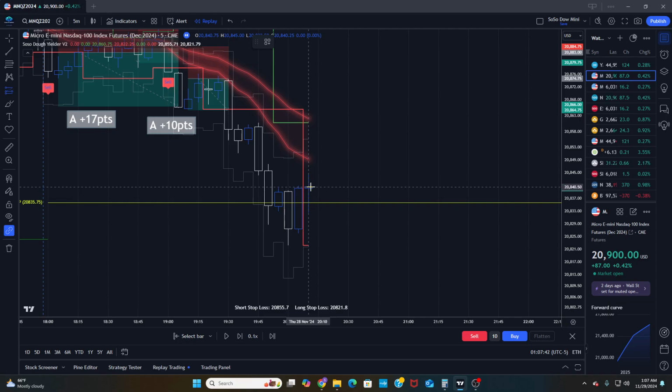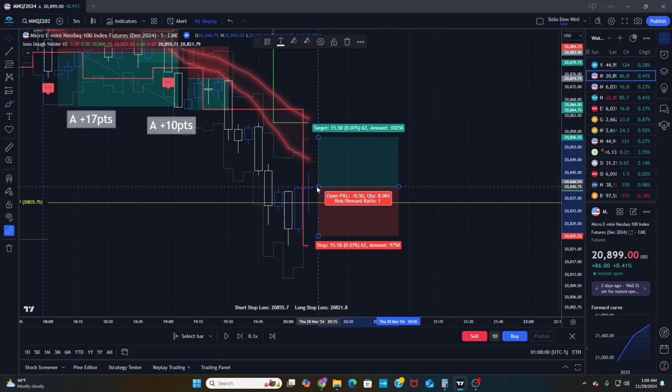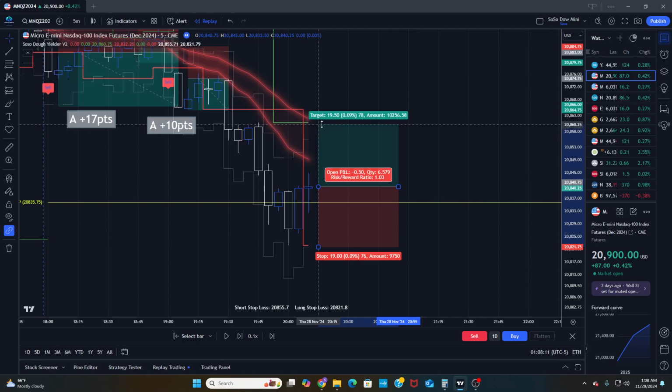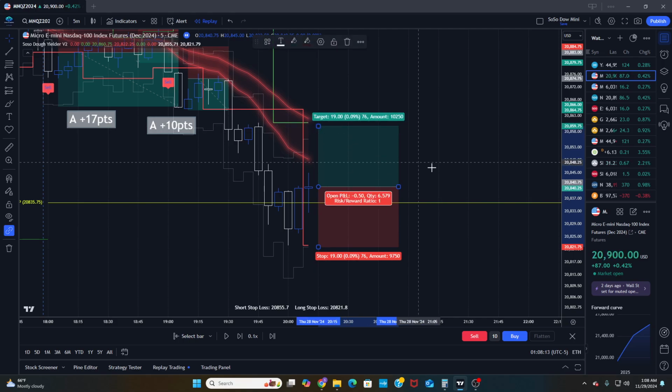All right, so for this trade, we'll enter at the closing price of this candle where the red level regained its rightful position. Closing price is going to be 840.75. So as soon as that 5-minute candle closes, we can market enter that price. Our stop loss is going to be the stop loss line here at 19 points, and we're going to shoot for 19 points.